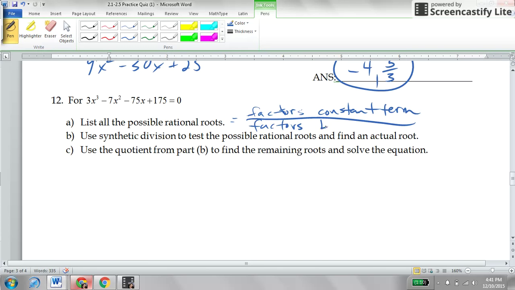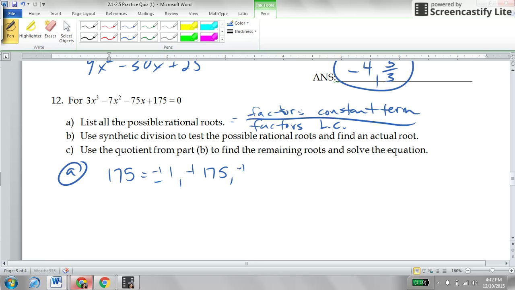So for part A, the constant term is 175. Factors of 175, that's kind of hard, is plus or minus 1, plus or minus 175.